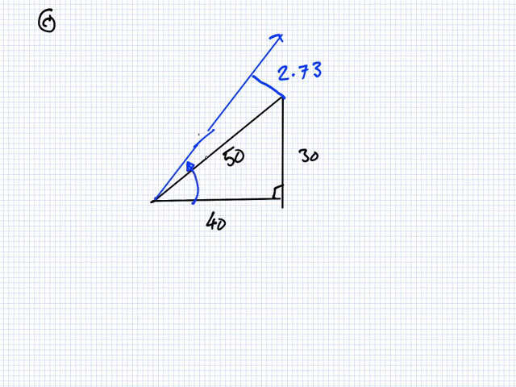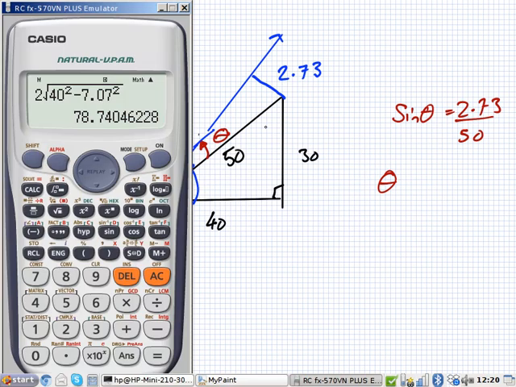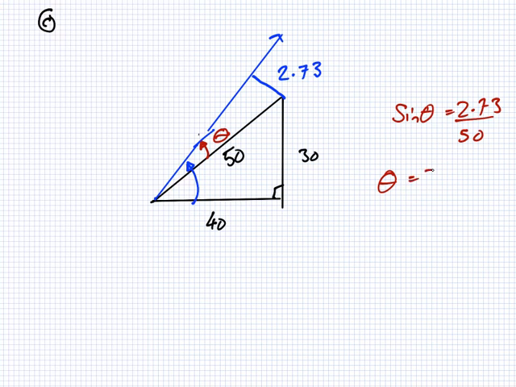Well, let's get this angle. We'll call it theta. Sine theta is 2.73 over 50. So theta is going to be sine inverse 2.73 over 50, which is 3.13 degrees.